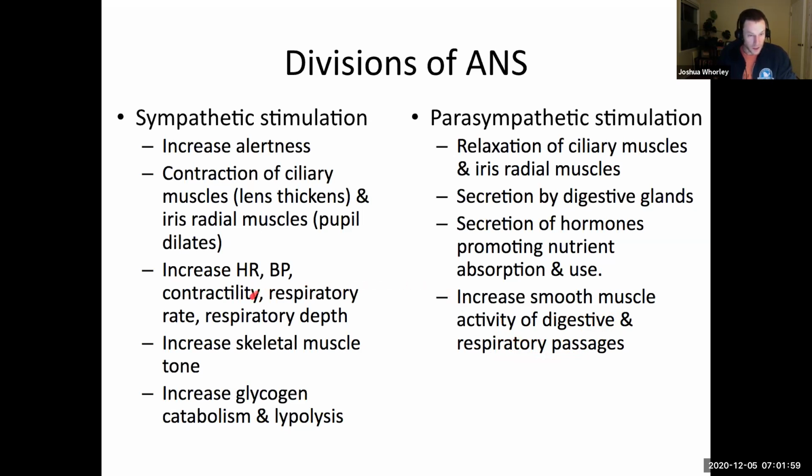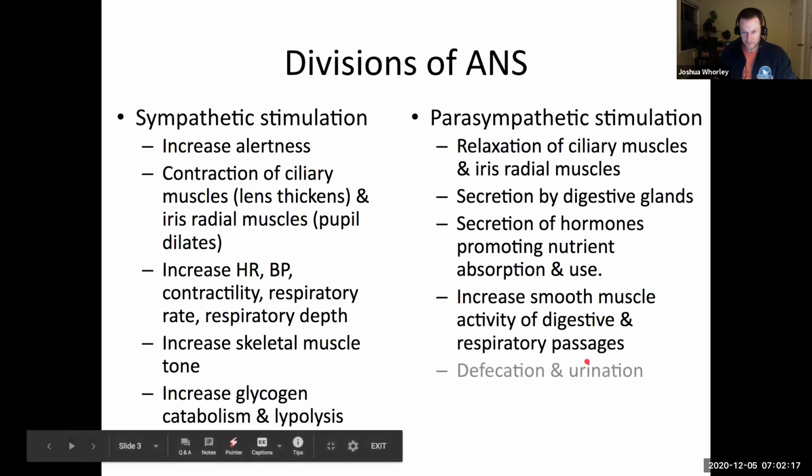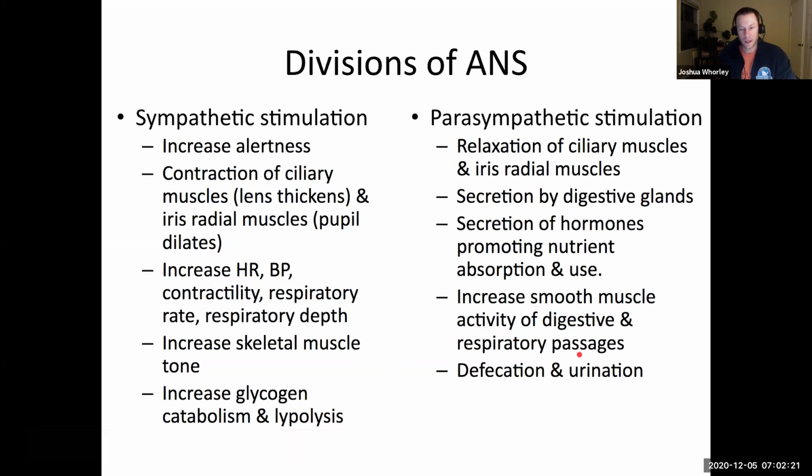This is, of course, in contrast to what you expect when you need to take in a lot of oxygen or a lot of air to extract oxygen from it when you're needing to run away or whatever, right? So this would be what you'd get in the case of sympathetic stimulation: relaxation of the muscles of the airway to allow more intake of air so that we can extract oxygen from it.